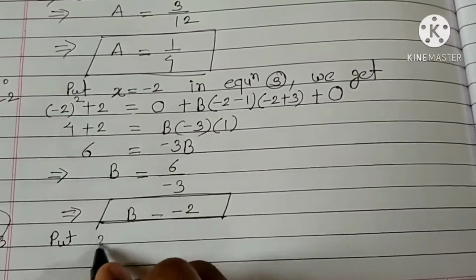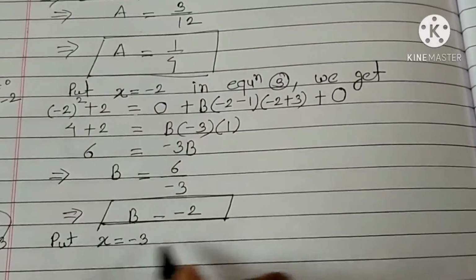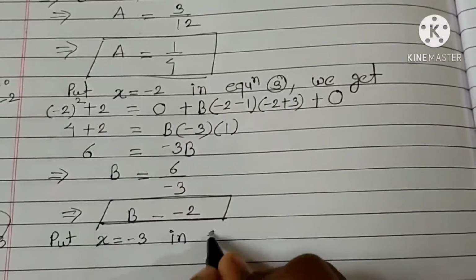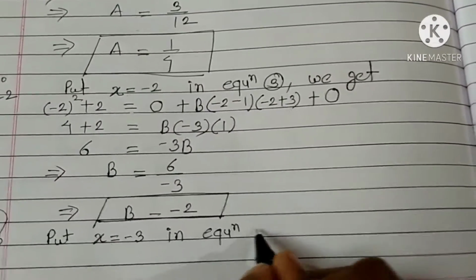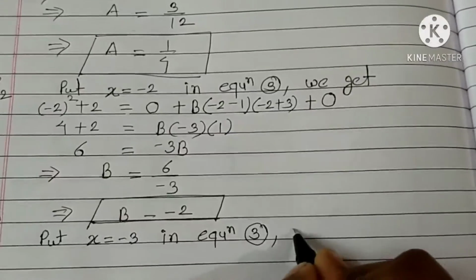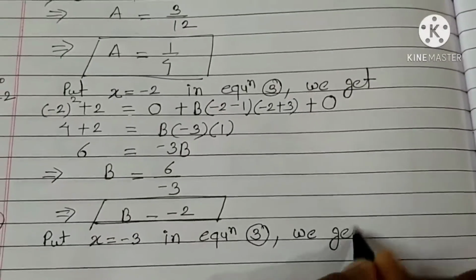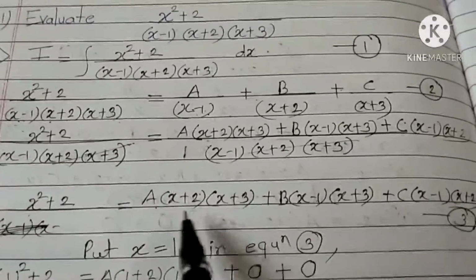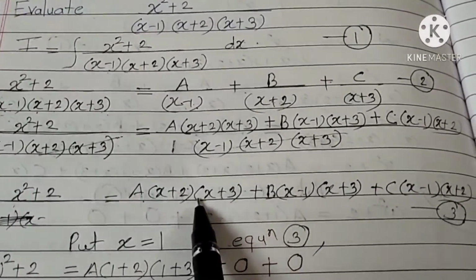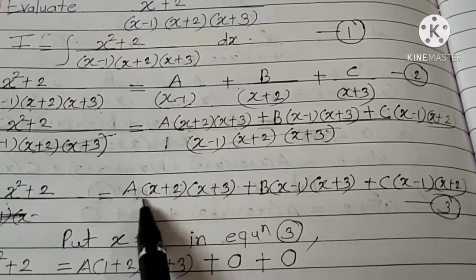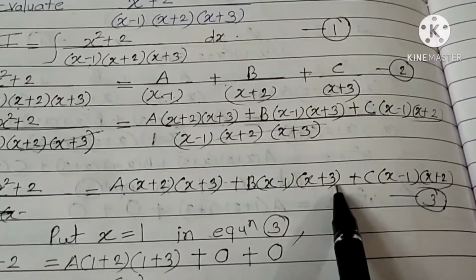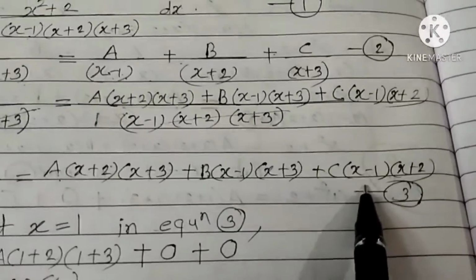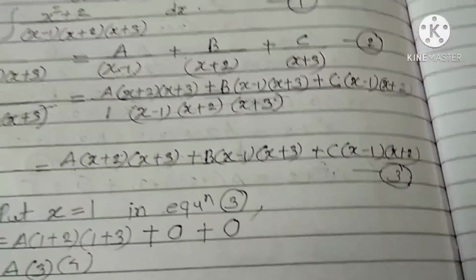If you put x equal to minus 3, then this term minus 3 plus 3 will become 0. Here also minus 3 plus 3 becomes 0. So we get only the part of C.